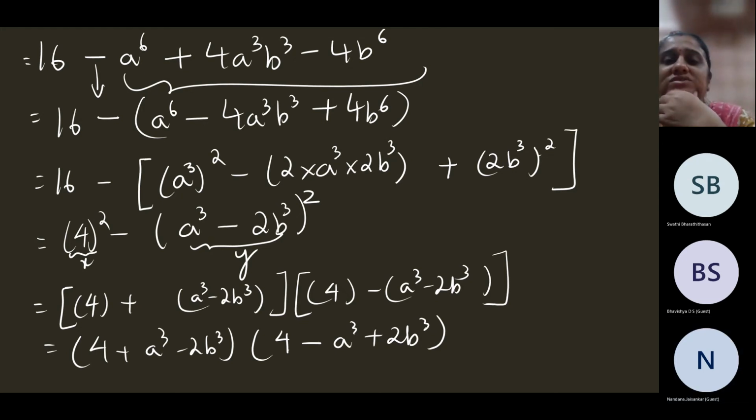Nandana, Swati, and Bhavishya, just text me the chapters they have completed in the school, okay? Yes, ma'am. If it is NCERT, just mention the chapter numbers. Like on WhatsApp, you just put 1, 2, 3, 4.